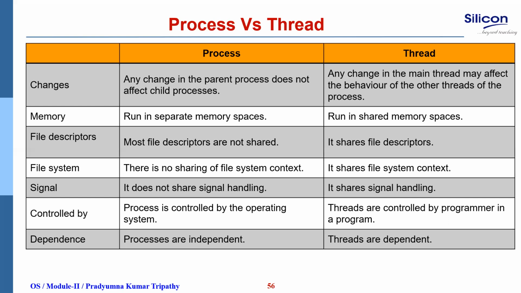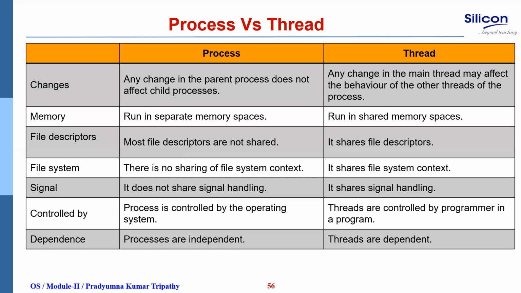For multiple threads you can have a single signal handling, but for different processes you may have different signal handling. We'll discuss more about signal handling in the subsequent slides.